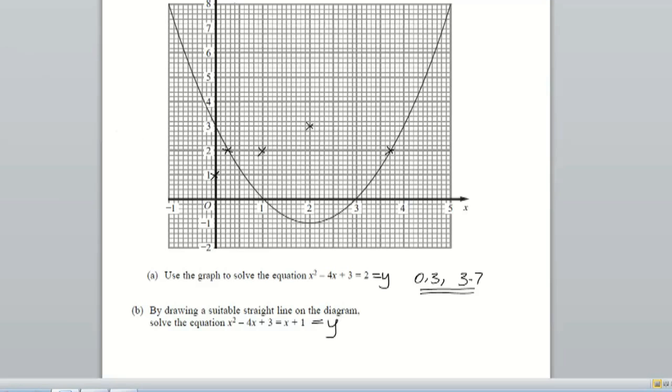So let's try and line it up. And we're finding where the line equals the curve. So in other words, this point here, and it's about 0.4 or 0.45. And it meets it again up here at about 4.6.